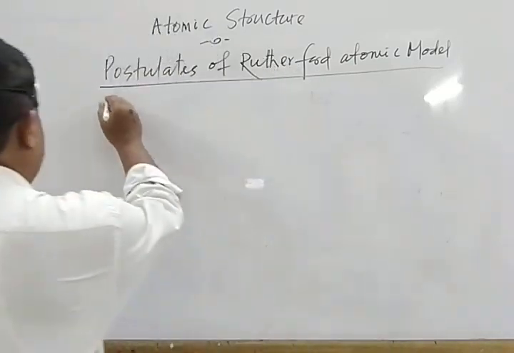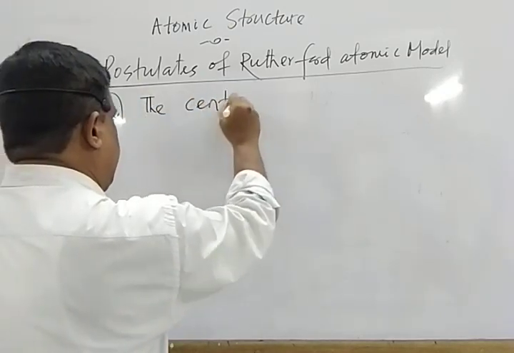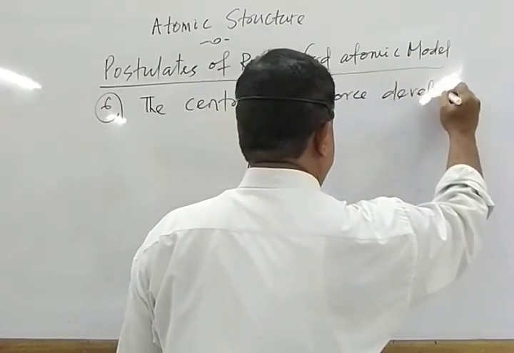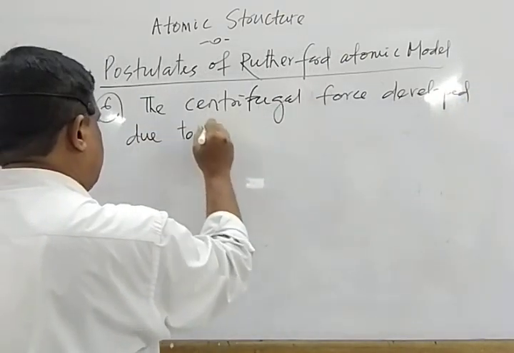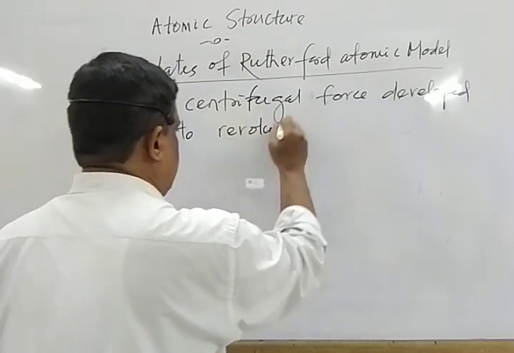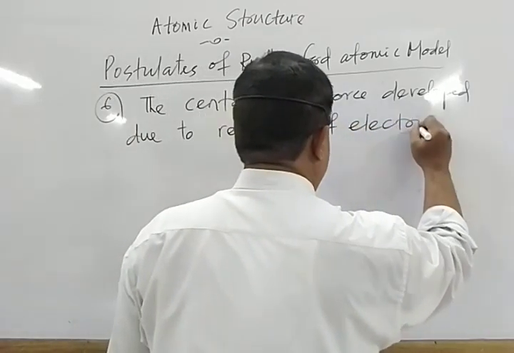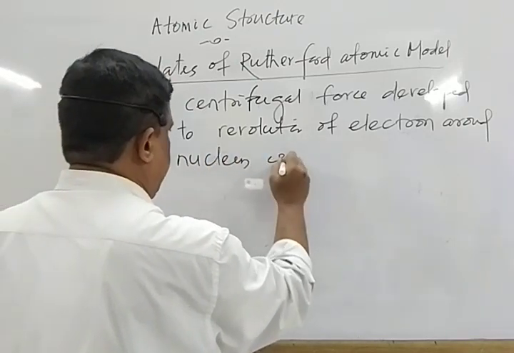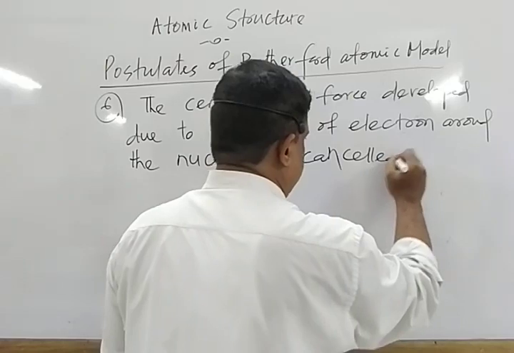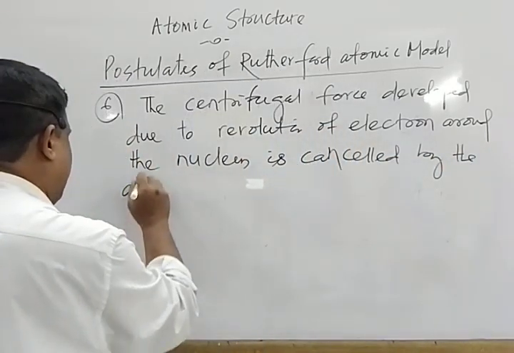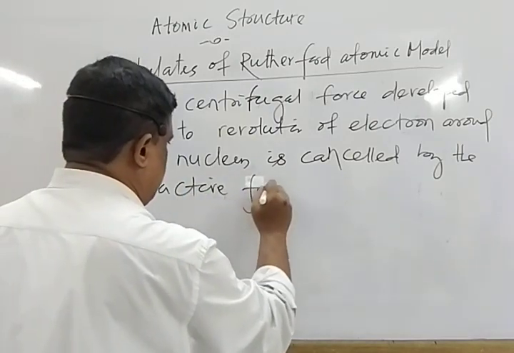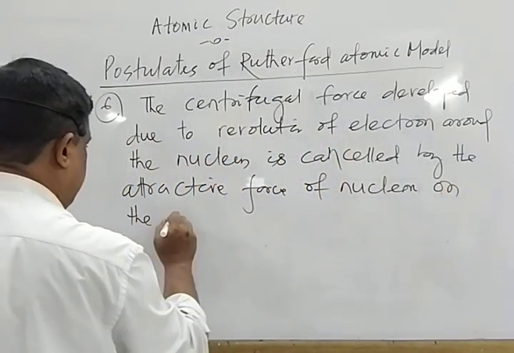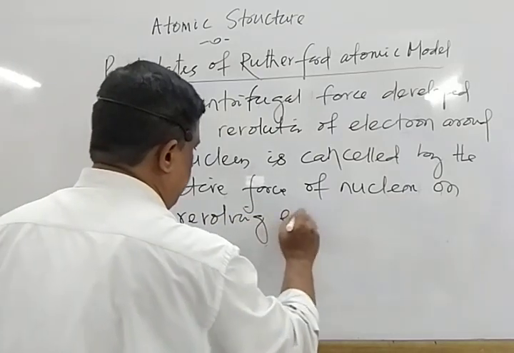Mark the next point. The centrifugal force developed due to revolution of electron around the nucleus is cancelled by the attractive force on the revolving electron.